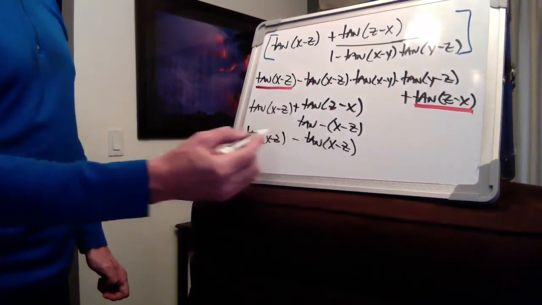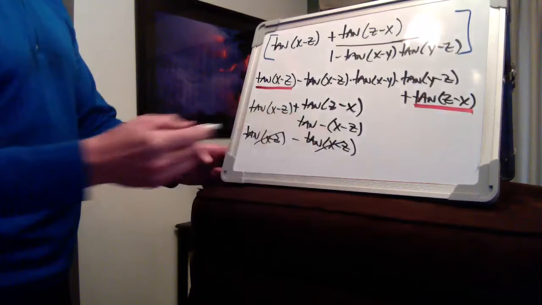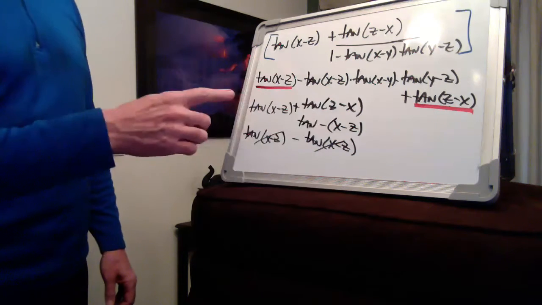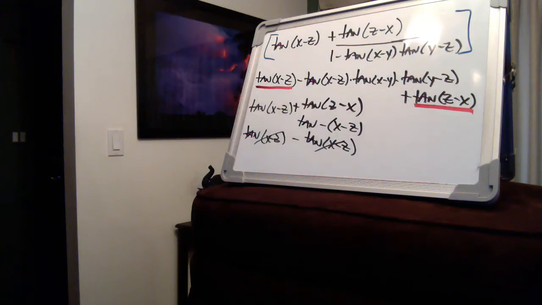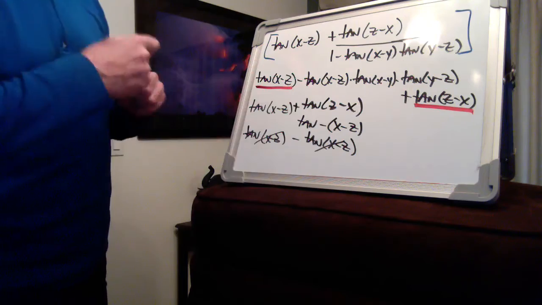So now you see I have exactly the same thing. So these will cancel out and go to 0. Let me wait a second, I'm going to have to erase this so that I can deal with this last part here. Okay, so these have canceled out.